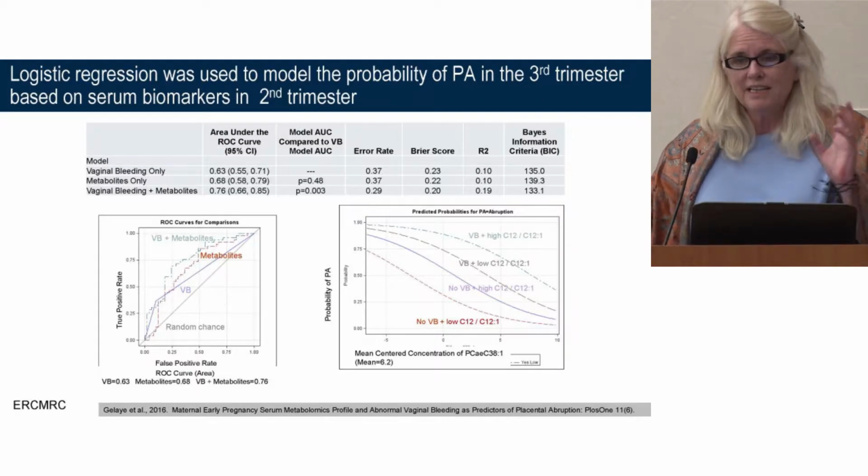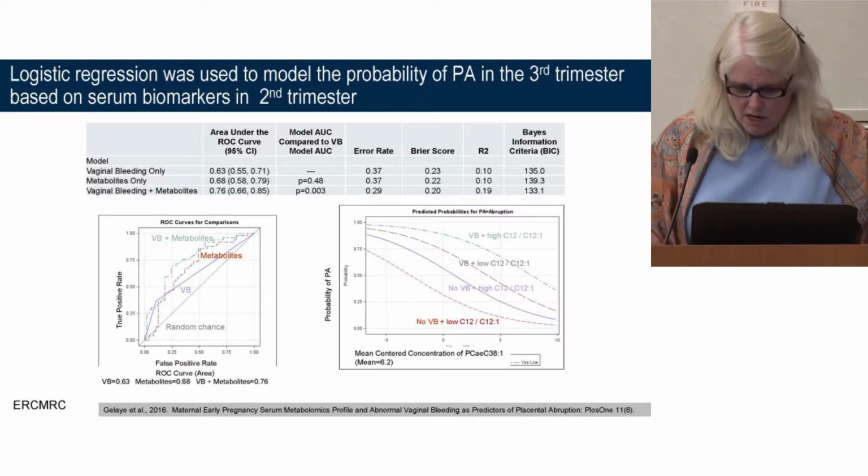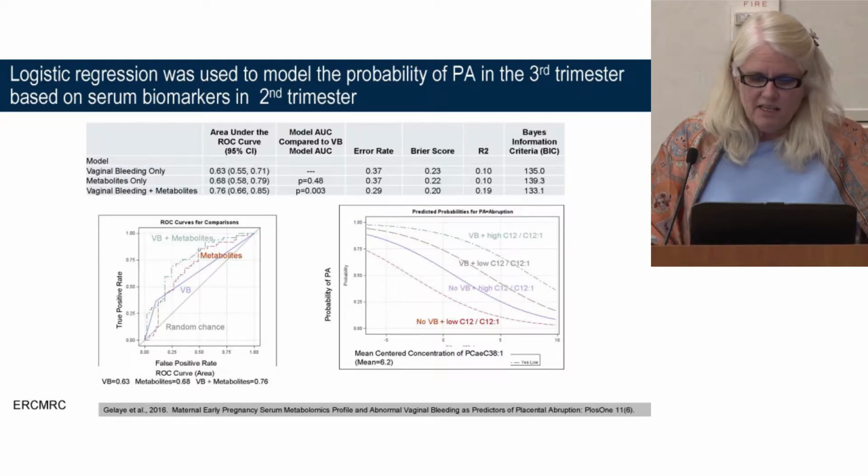So it's beating that gold standard, which is really good. And if we use them in combination, we have a significant increase in that prediction. But mechanistically is what's important in this study.